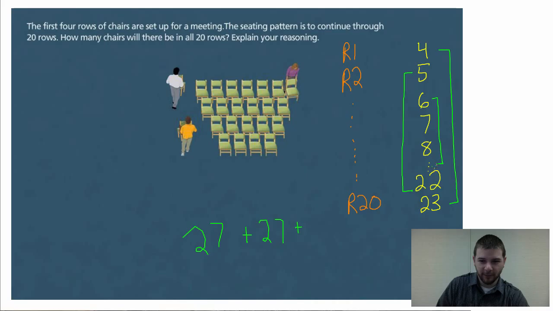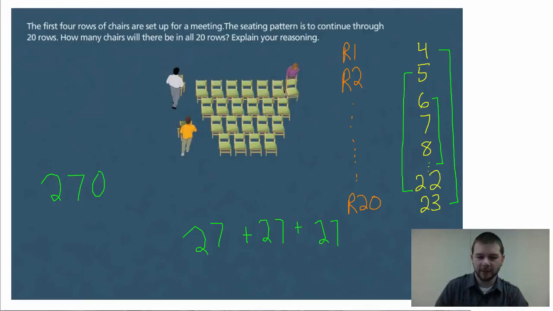That would be 21 plus 6, 27. So there's something very fundamental going on in this arithmetic series: 27 plus 27 plus 27. But how many of those 27s would we be adding together? There are 20 rows total, and we're pairing them up, so there will be 10 pairs total. 10 times 27 is 270.